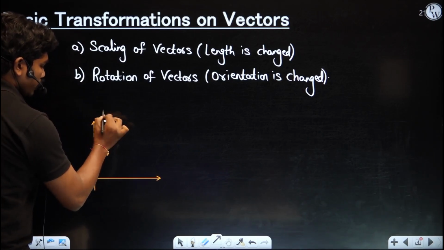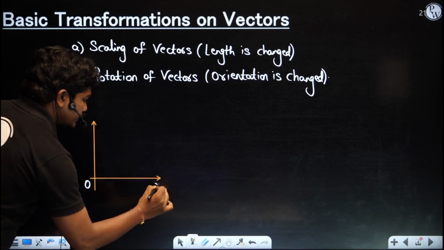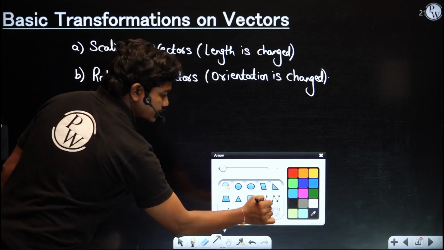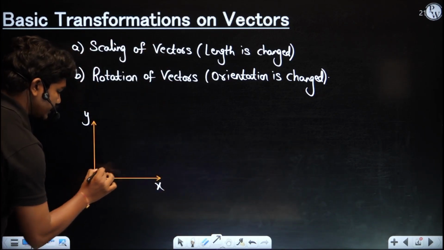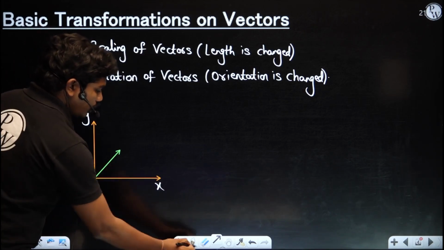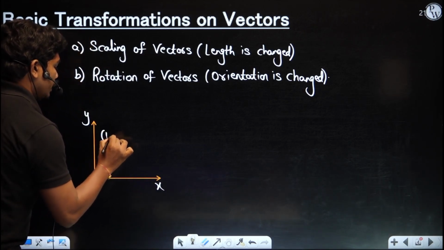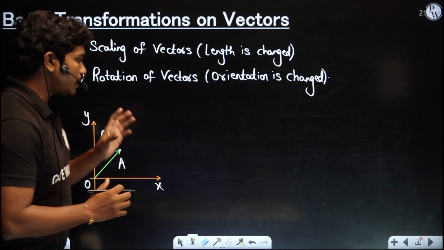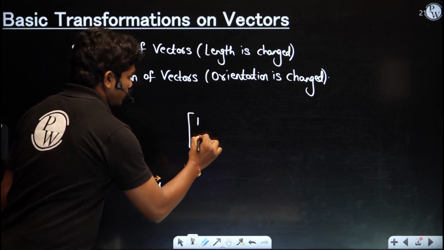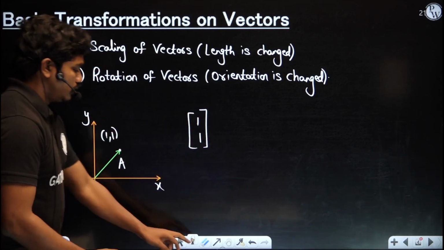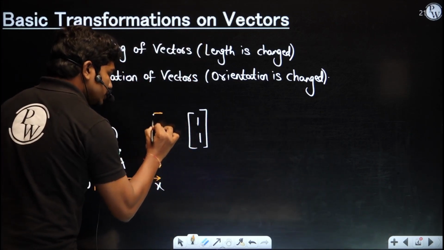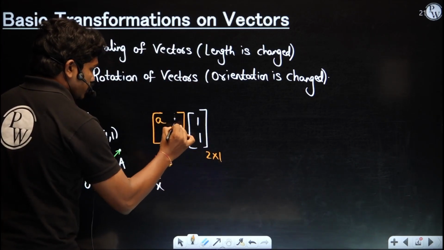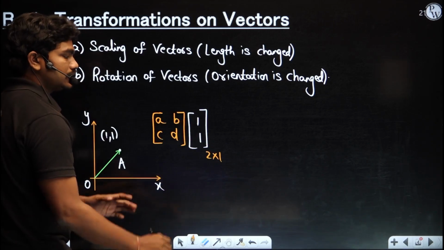So (1, 1). If you see the x and y axes, for example, and suppose this vector is (1, 1). Let me take that. So this is (1, 1), and this point we denoted earlier. Now we do scaling like this: if you take this vector (1, 1) and apply some transformation on it, let us suppose you apply some transformation with a matrix [A B; C D].